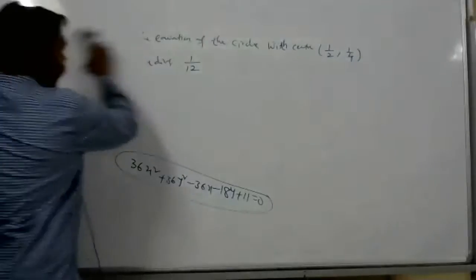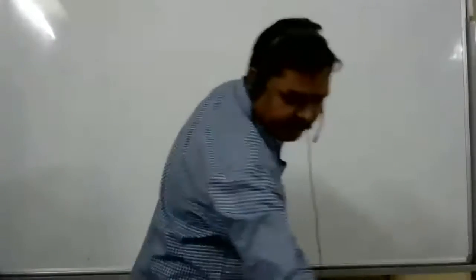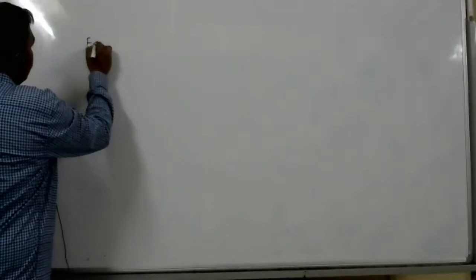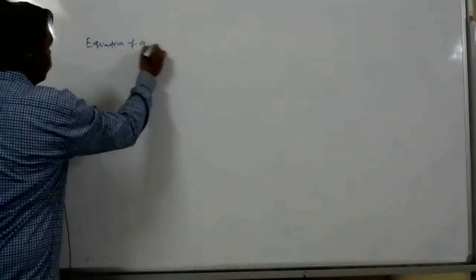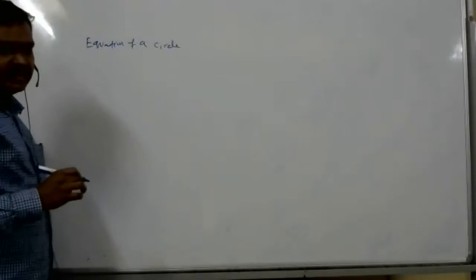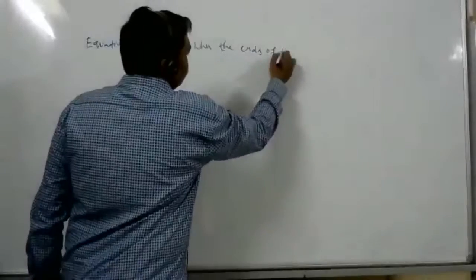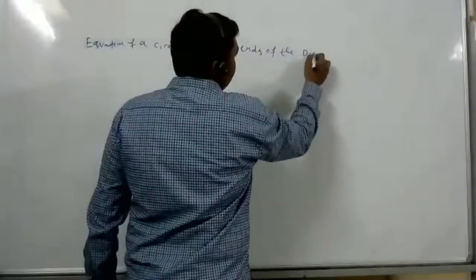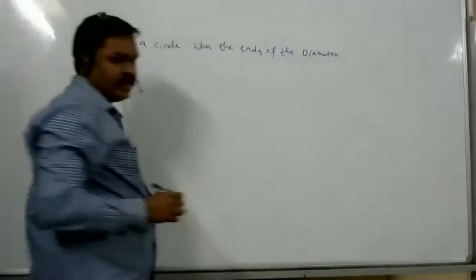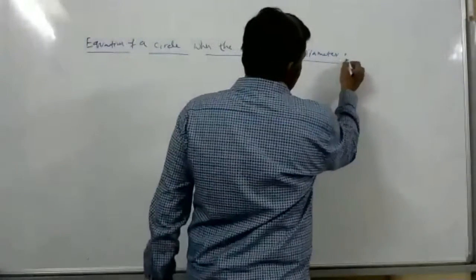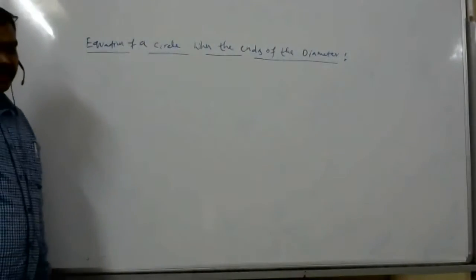Next concept: equation of a circle when the ends of the diameter are given.